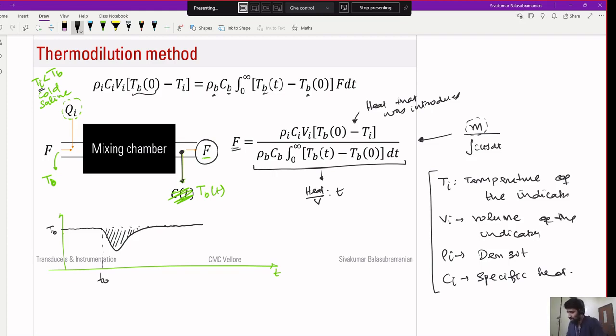So your flow rate is computed similarly to before: it's the total heat gained by your indicator divided by the heat per unit volume multiplied by your time.